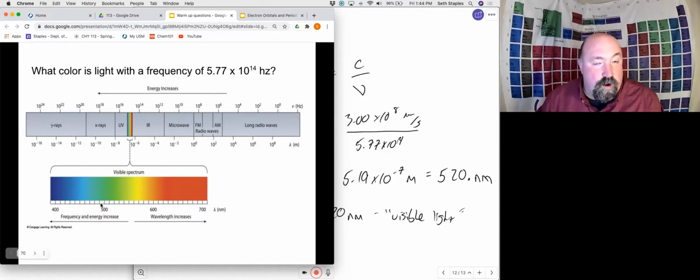We look on our electromagnetic spectrum, down in our visible spectrum that's blown up down here, and we see 520 right here. So a wave that has a frequency of 5.77 times 10 to the 14th hertz will have a wavelength of about 520 nanometers, and we would perceive that as a green color.